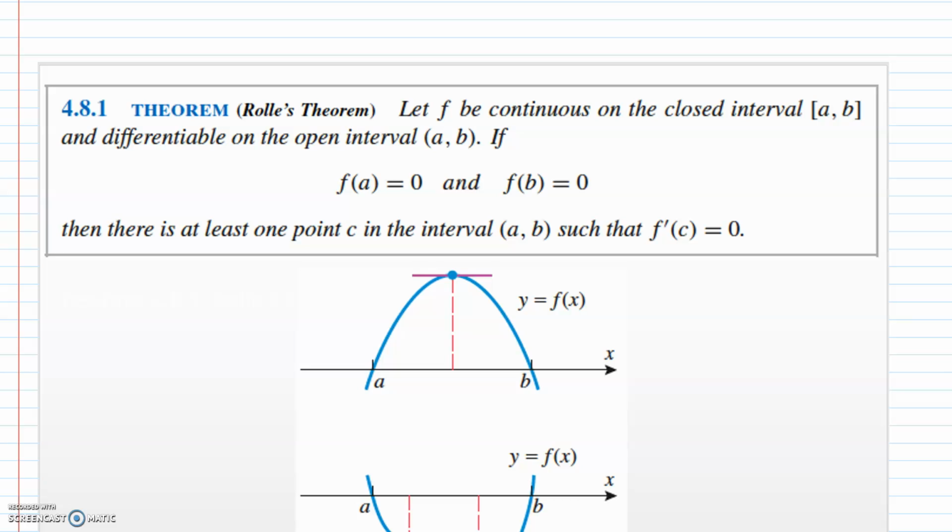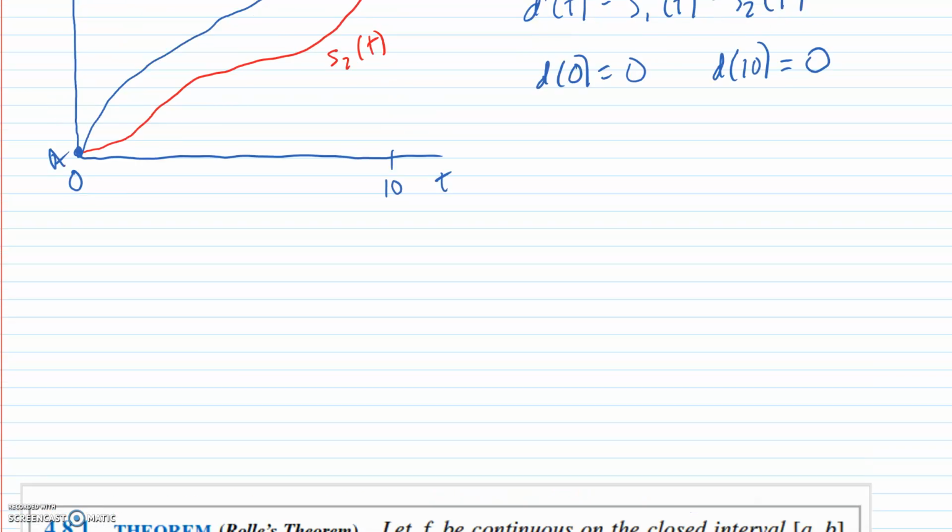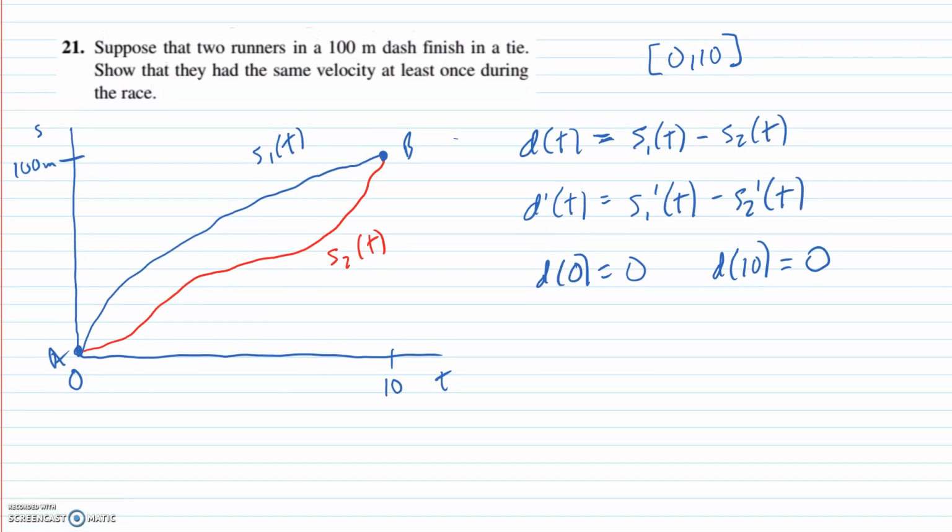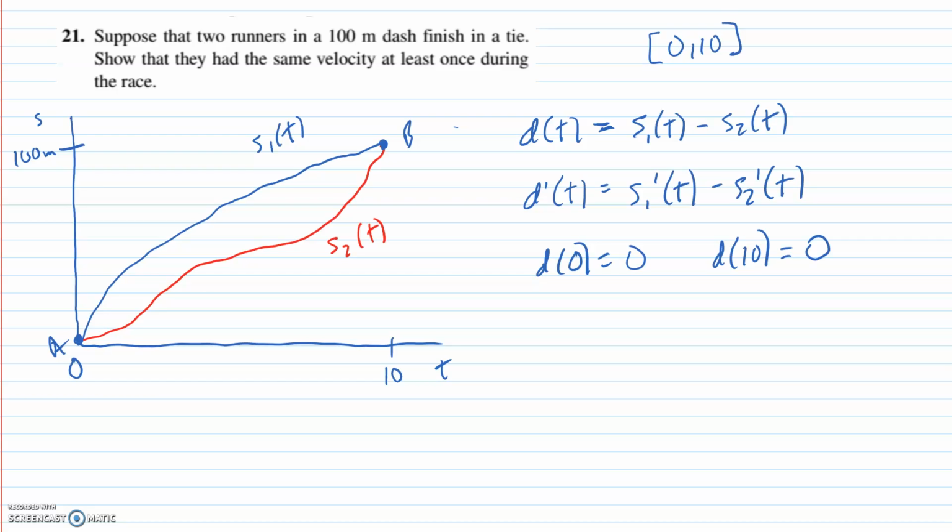Rolle's theorem is a special case of the mean value theorem, and as long as we have continuity and differentiability, and if we have the function values at the endpoints being equal to 0, then we know that there is at least one value of c on that interval for which the derivative of the function, f prime of c, is going to equal 0. The slope of the tangent line will be 0. So we have all the conditions needed in this problem here to apply Rolle's theorem.